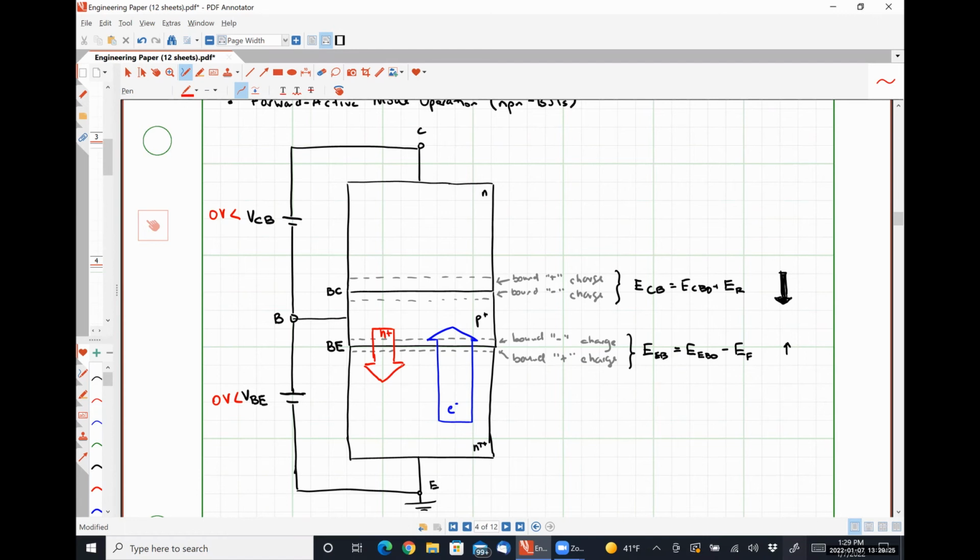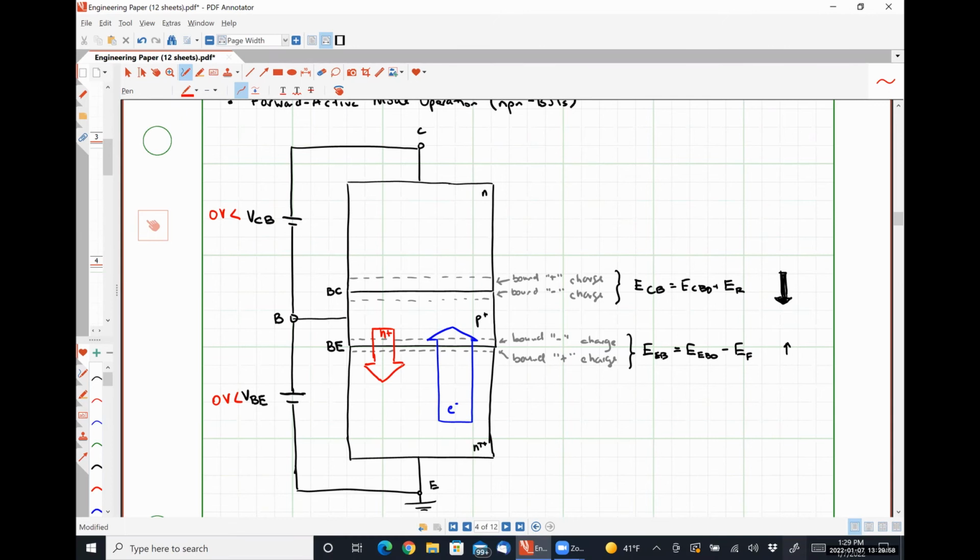Now, because the emitter is much more heavily doped than the base, this current through this region of the device is largely dependent on the behavior of electrons, because there are way more electrons in the emitter than there are holes in the base.